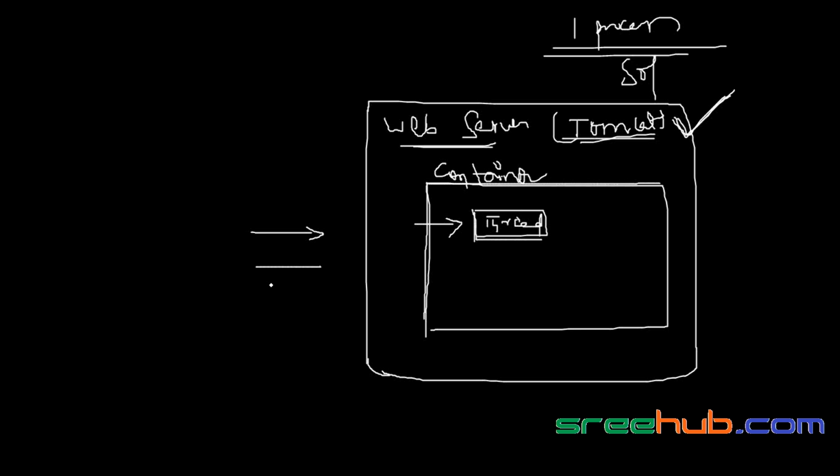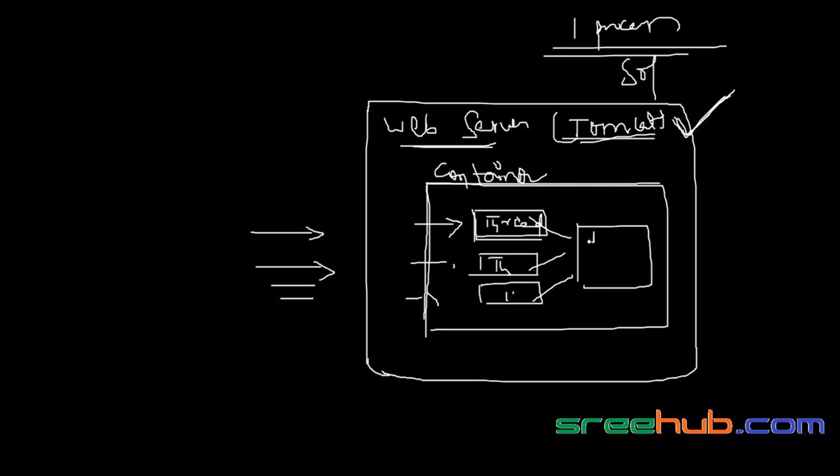And for multiple requests, multiple threads are created. These threads in turn will talk to the common application where you have all your JSPs, or maybe servlets, or some other thing. Now where is this happening? This is happening in a web container, which is also called a servlet container.